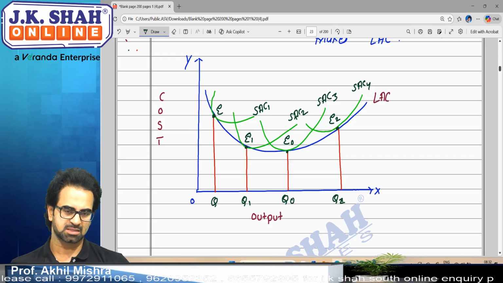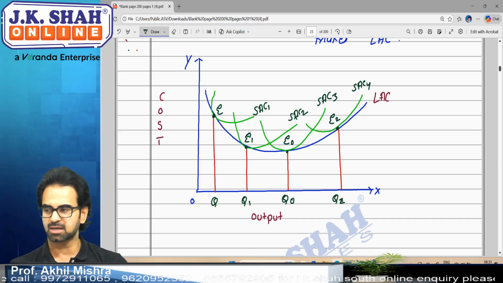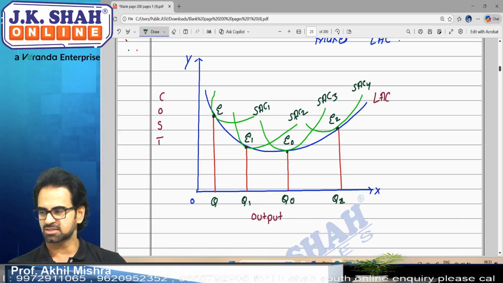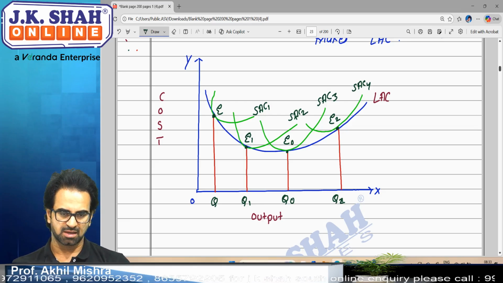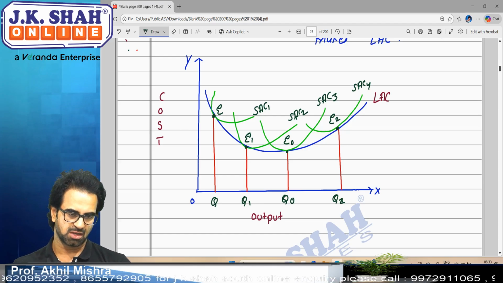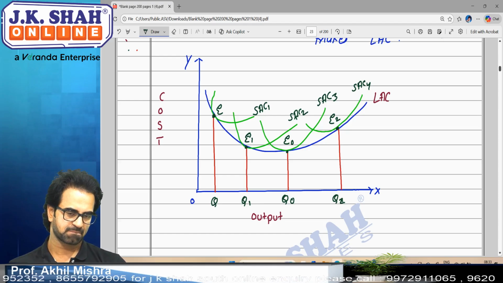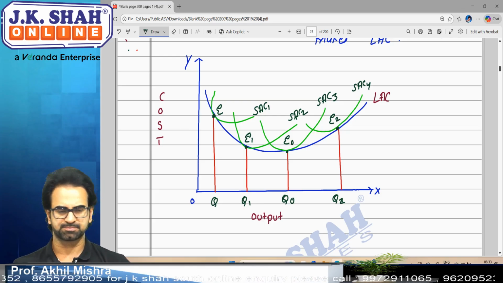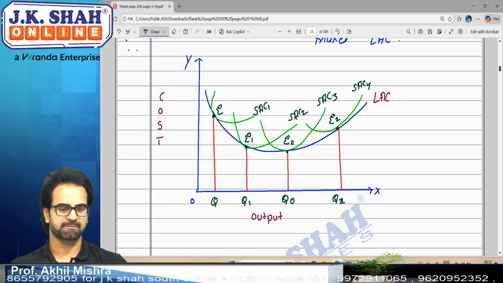Why? Because LAC is nothing but the product of a lot of SAC together. So fundamentally, SAC and LAC have no difference, just LAC is a longer curve and SAC is a shorter curve, and a lot of SAC coming together makes LAC.